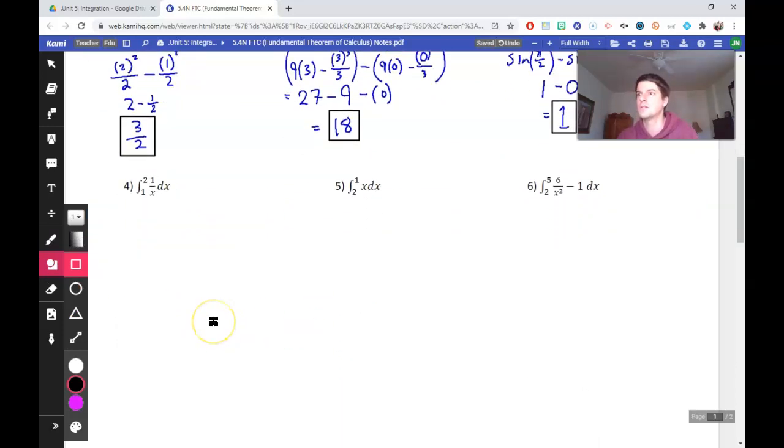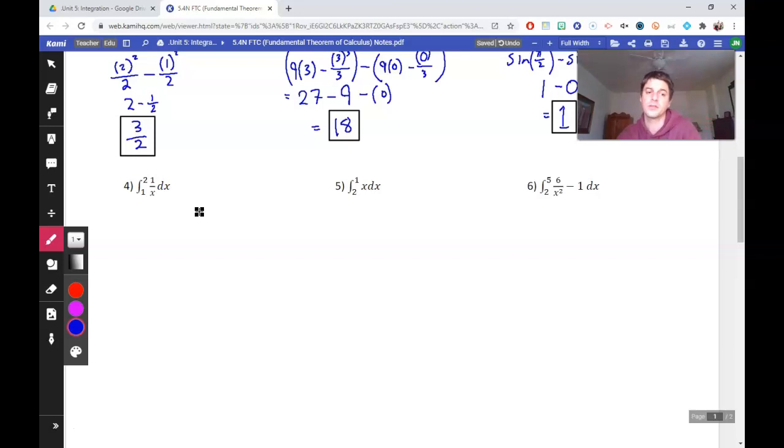Okay. Moving along, I'll let you guys try this one. Be careful, remember 1 over x is one of those special ones. Hopefully you remember that the antiderivative of 1 over x is the natural log of x. Put that in absolute value bars, so here it does not matter. And we evaluate that from 1 to 2.